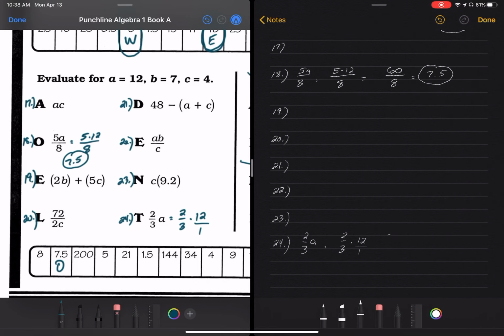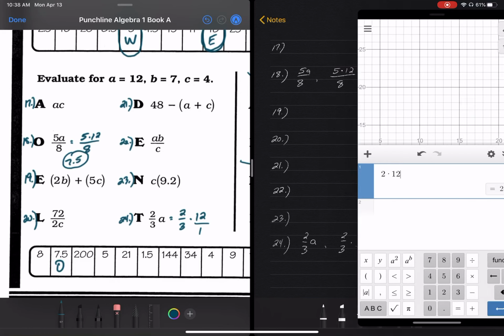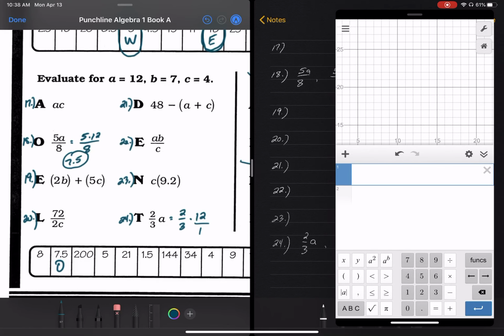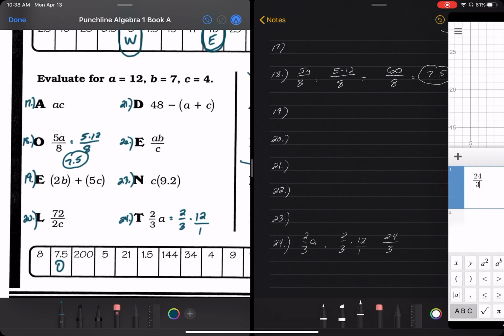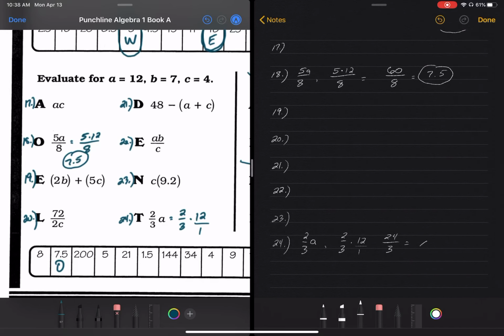So we have 24 over 3 times 1 is 3. So 24 divided by 3. Some of you can do that in your head really fast. If you can't, don't be afraid to use a calculator. 24 divided by 3 is 8. So the answer here is 8. Circle that. Ooh, there's 8 right there.